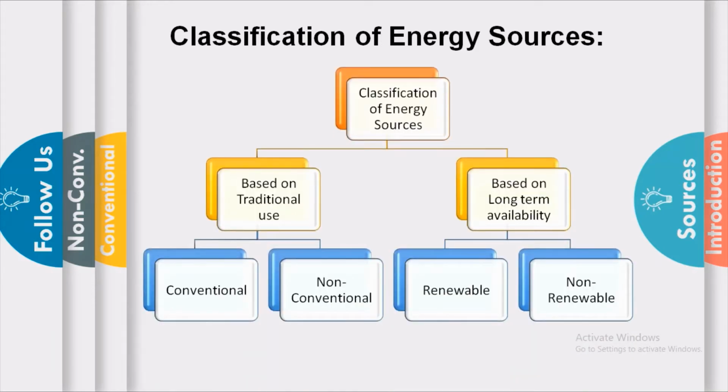Based on traditional use, energy sources are classified into two: conventional and non-conventional. Also, based on long-term availability, energy sources are classified as renewable and non-renewable. Conventional sources of energy are those sources which we have been using for a long while, like burning coal and wood.